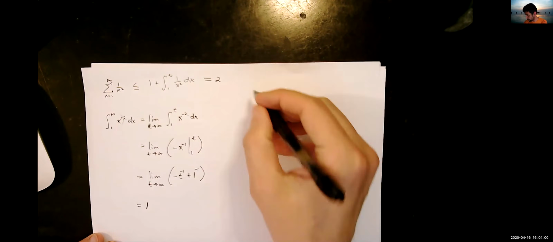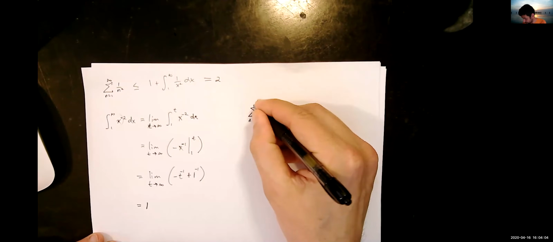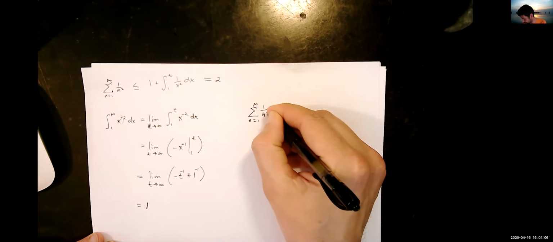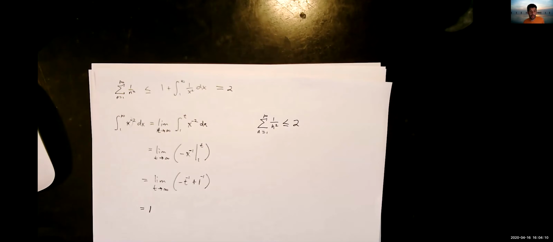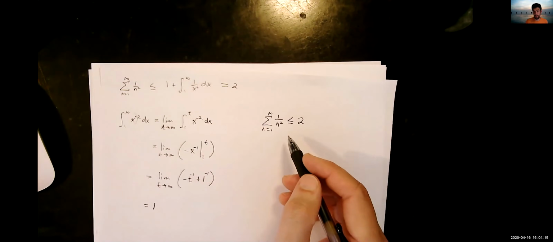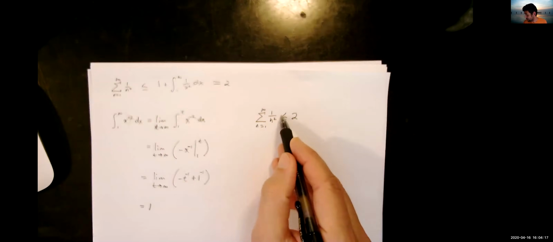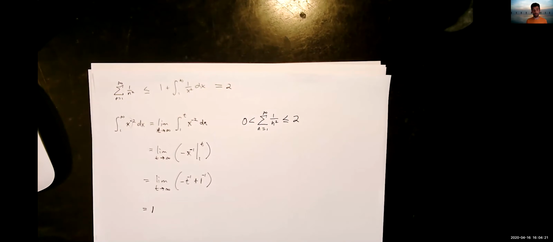So in other words, what I've just shown, the sum from n equals 1 to infinity of 1 over n squared is less than or equal to 2, okay? Now, notice we also know that this thing, 1 over n squared, is also positive.